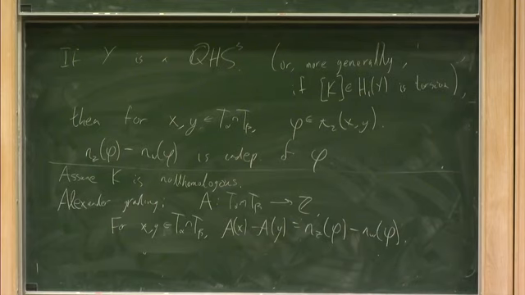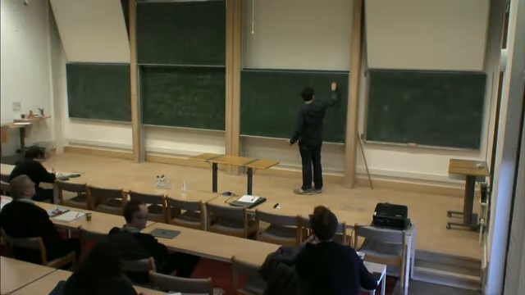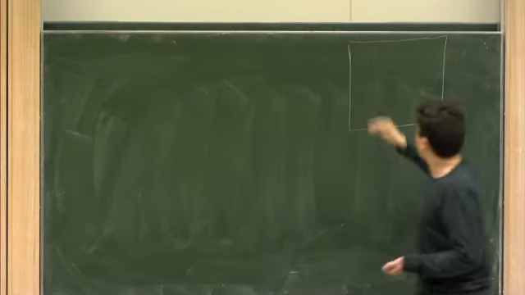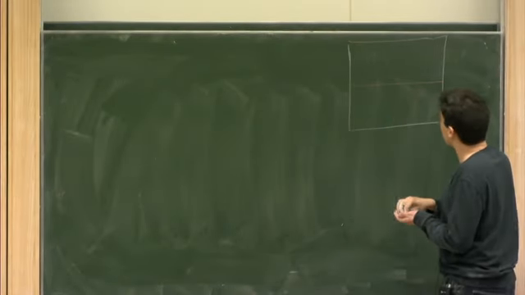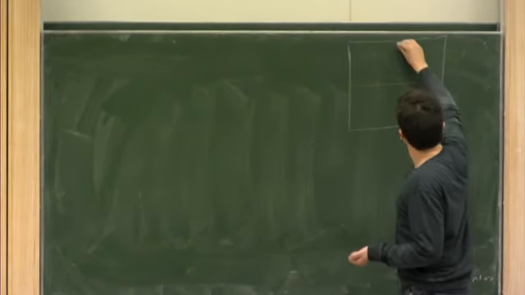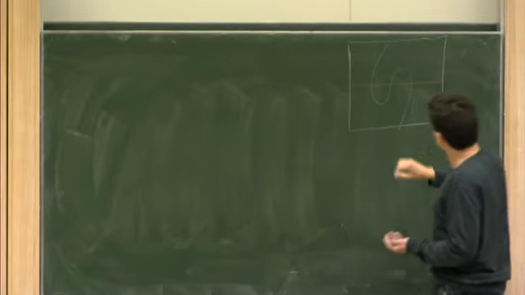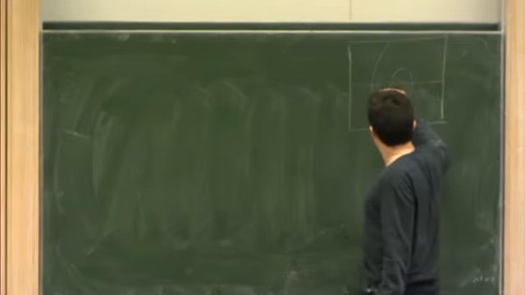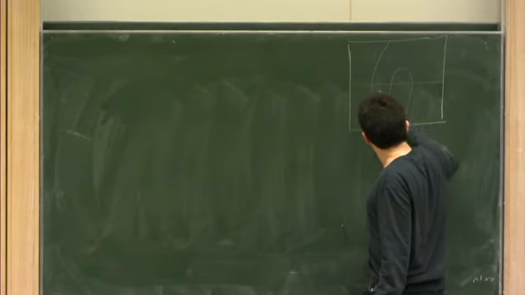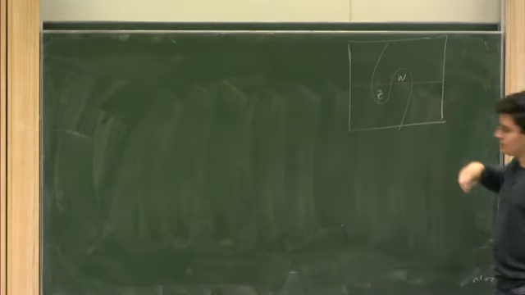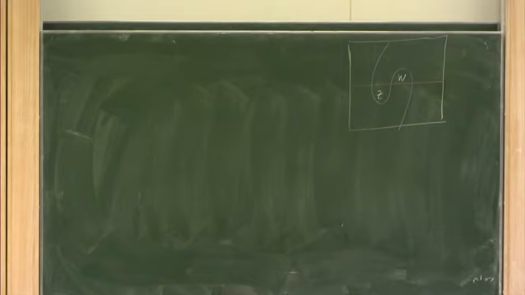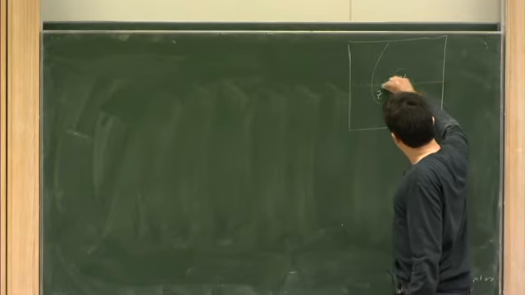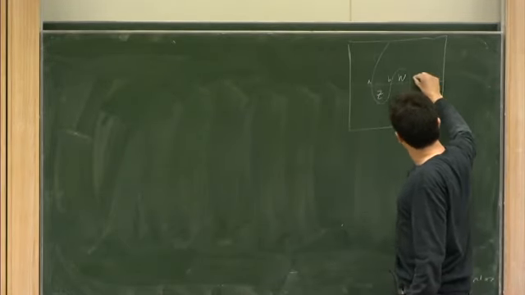Okay, so let's just see an example of this. Let's suppose I take this Heegaard diagram, again for S3, and I take this to be my Z and this to be my W. Now I'm going to call my generators A, B, and C again.